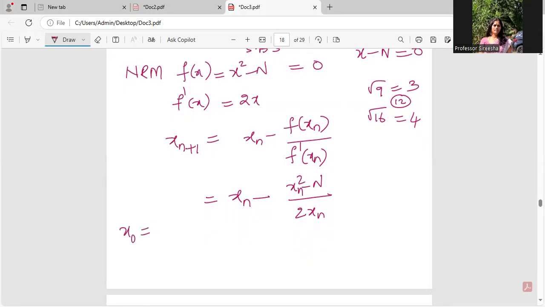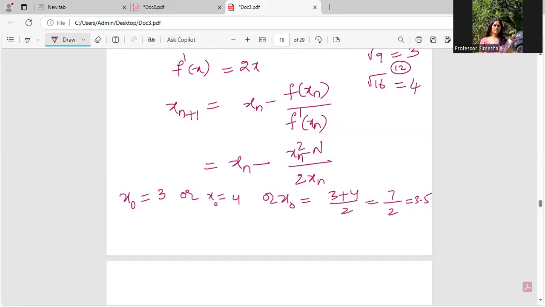Here, either I can choose 3 or 4. Or if you are even smarter, you can choose the midpoint of 3 and 4, that is 3 plus 4 by 2, which is 7 by 2, or 3.5. I can choose this as well. Anything is fine. I'll go with 3 as of now.